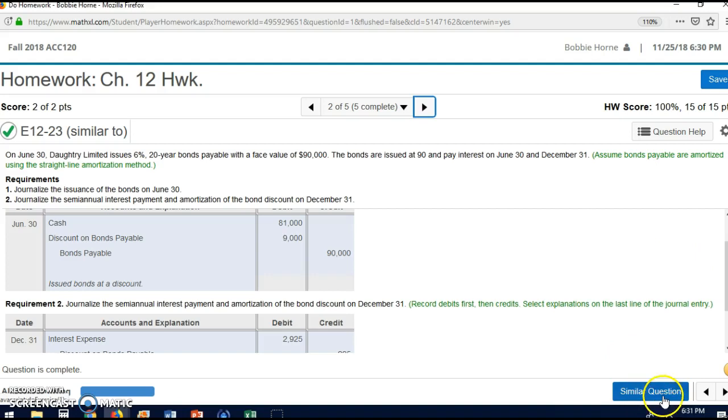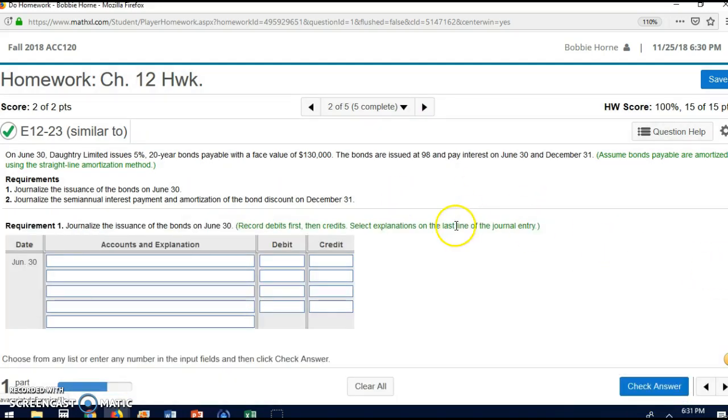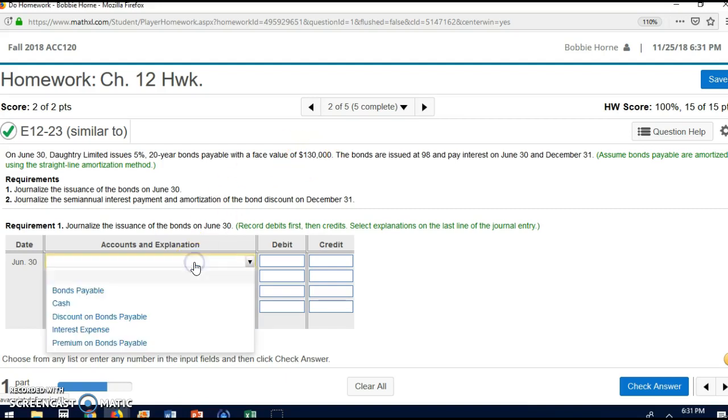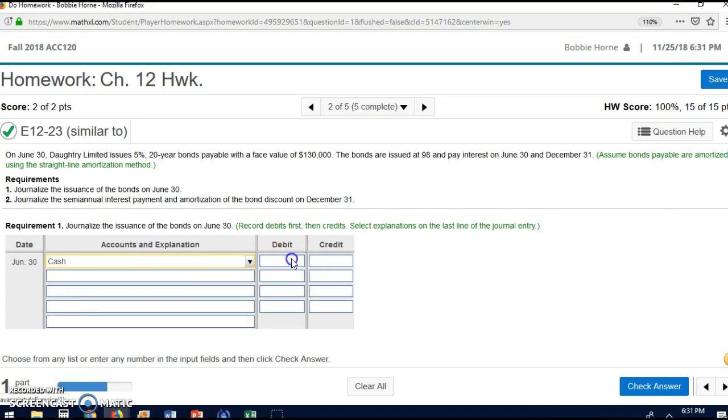Now for this next question, we're issuing a bond. So as you can see, our bond is only going to be issued at 98, so it's going to be issued below the face value. So we're going to get a little bit less in cash than what the face value is.